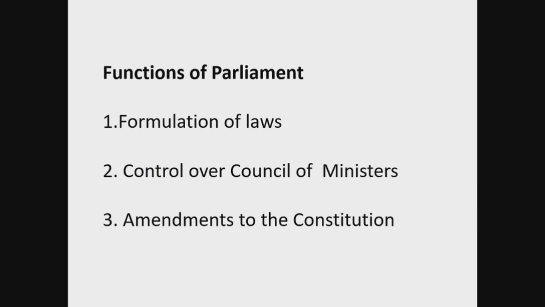The third function is amendments to the Constitution. The Parliament decides whether to make any amendment to the Indian Constitution. What does amendment mean? In simple words, some laws, some rules need to be modified.